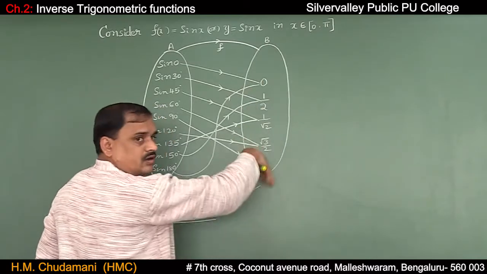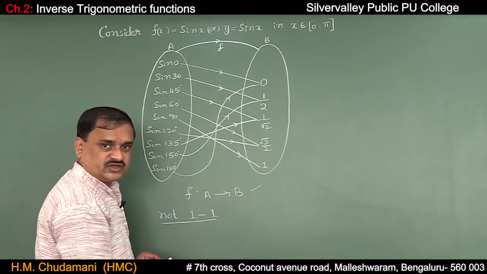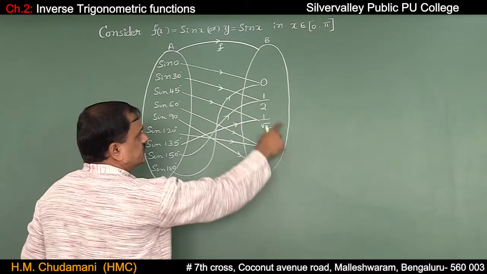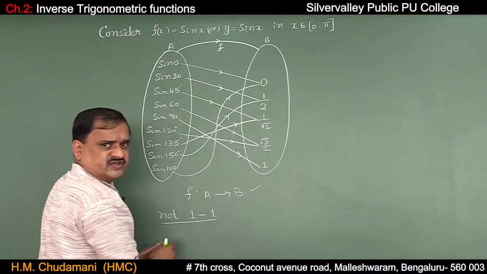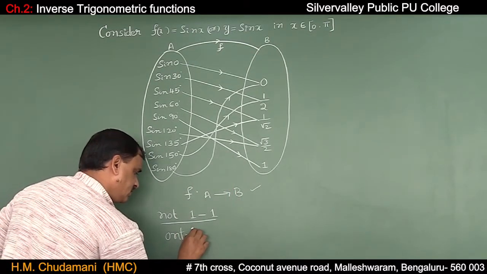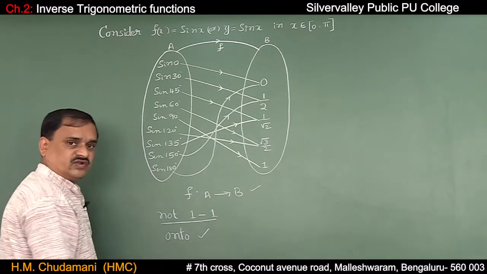And obviously all the trigonometric functions are onto functions, periodic functions, so the complete codomain is the range. That's why it is an onto function. Onto function, but not one-one.